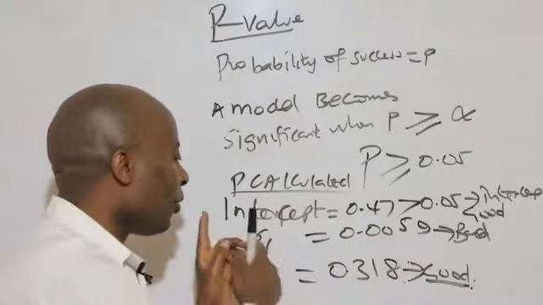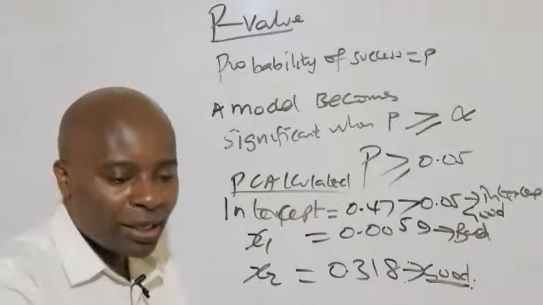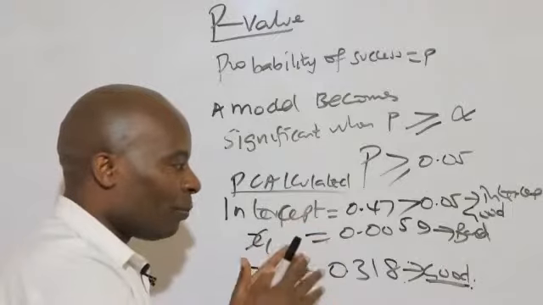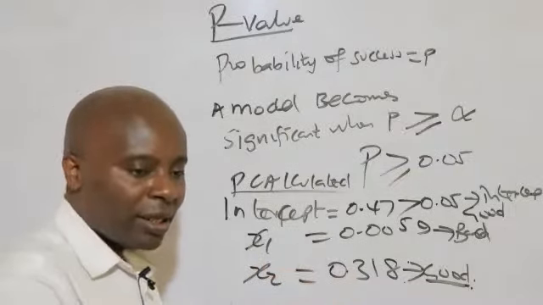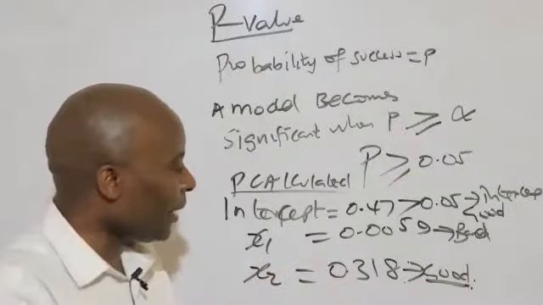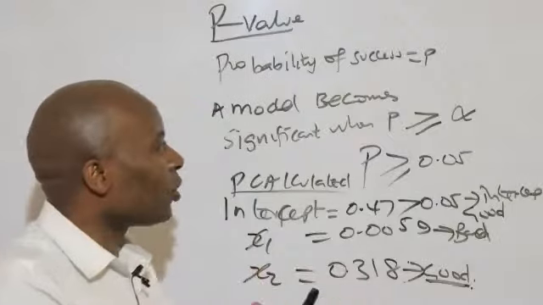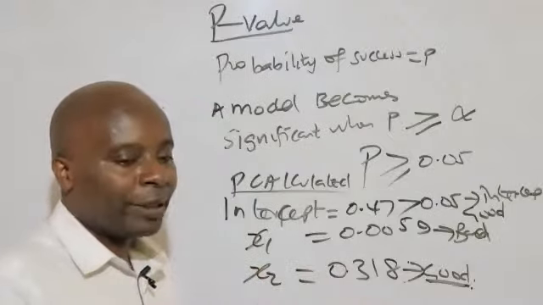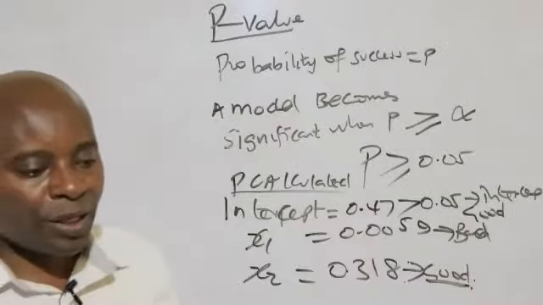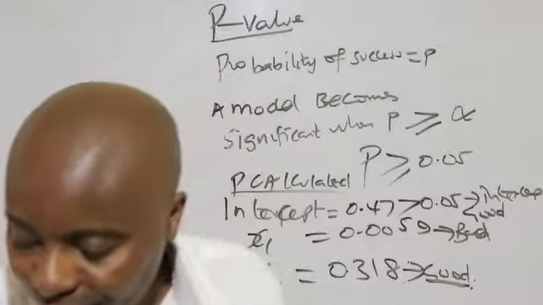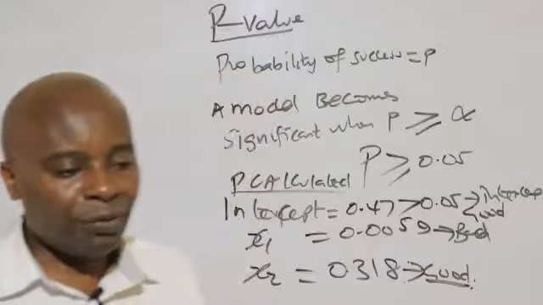Nevertheless, one of the variables is poor. One of the variables is insignificant. The model has a variable that is insignificant on the basis of the p-value.